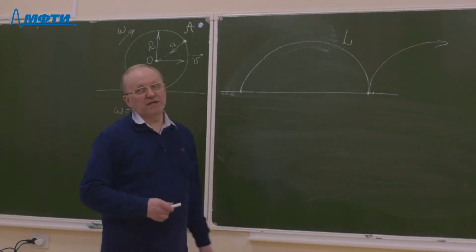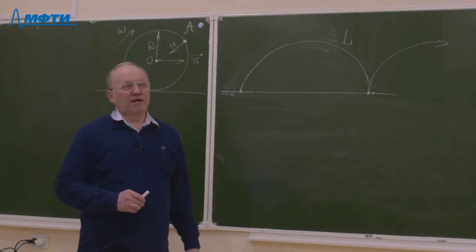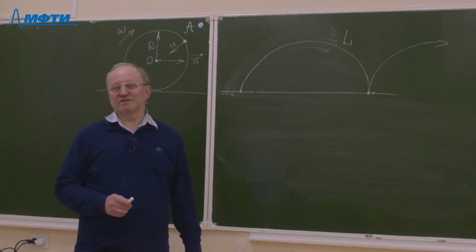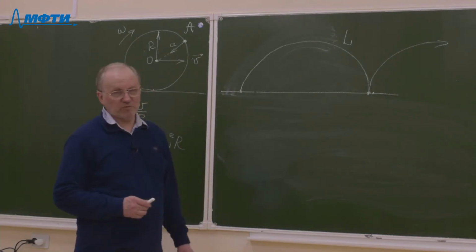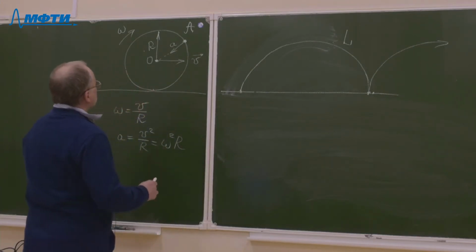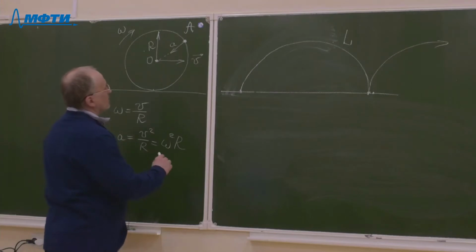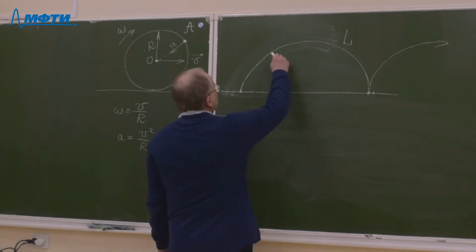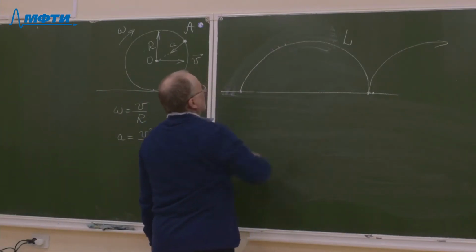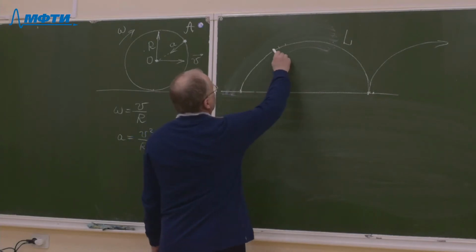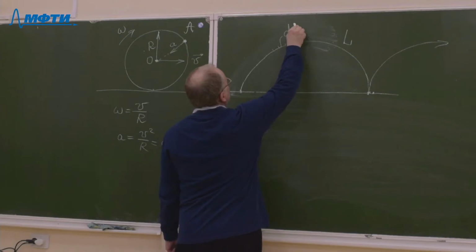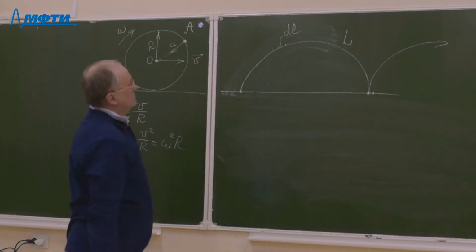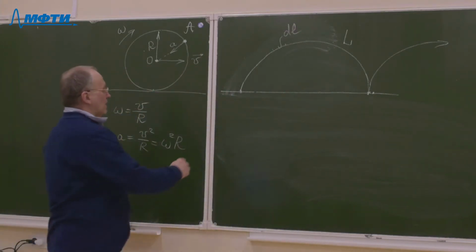But in this case, I will consider a physical method rather than mathematical. Physical method to solve this problem. And the physical method will consist in dividing this trajectory into small elements. Each element will be denoted by dl, just the differential of length.